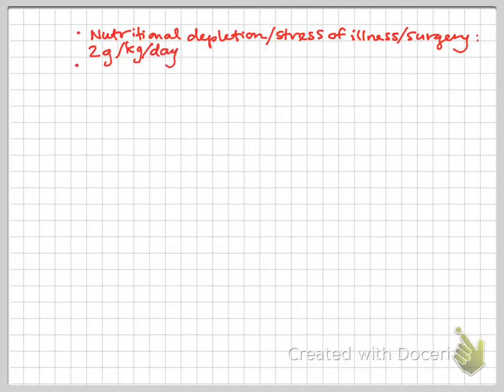For patients who have experienced burn or trauma, greater than 2 grams per kilogram per day. So if you remember from level 3 how much protein those patients lose after a burn, that albumin leaks through the broken capillary membrane. And remember that that's given at a certain period of time during the burn treatment, not right away, because otherwise that albumin would just leak out into the tissues and pull even more fluid in.